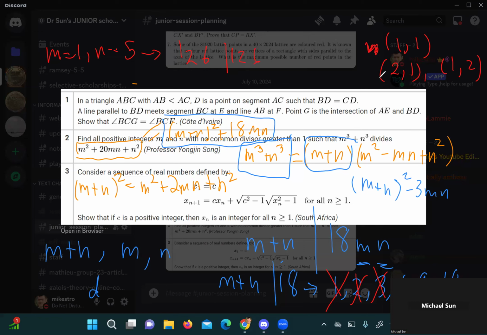Does it work? It always works if it's 1. So 1, 5, 5, 1. No, one of them's 1.